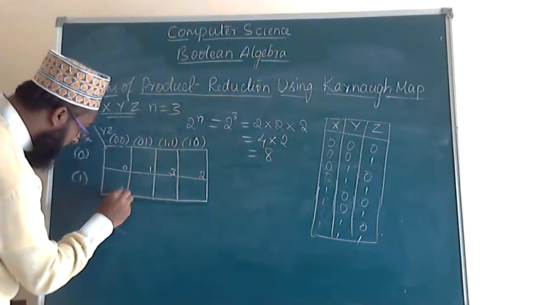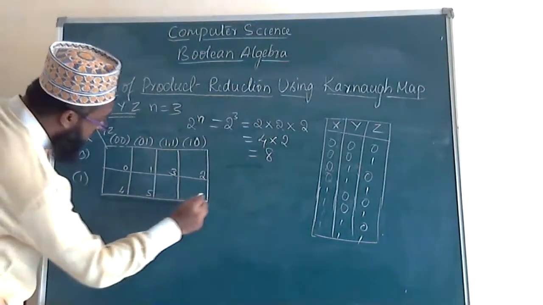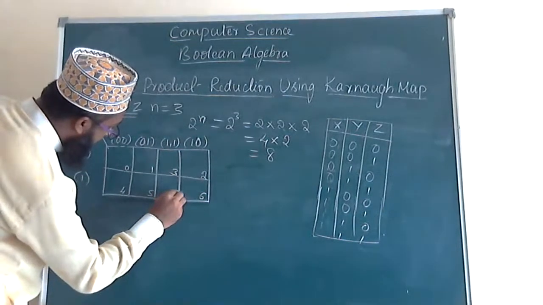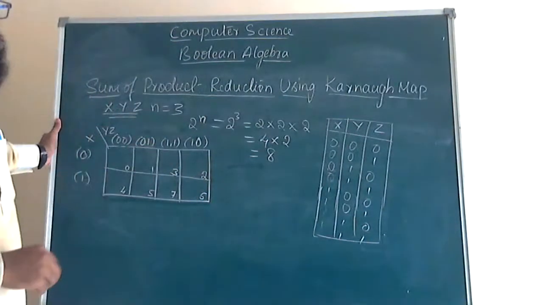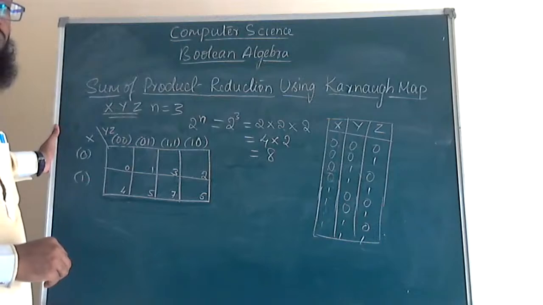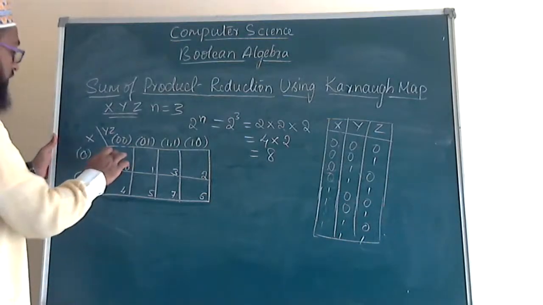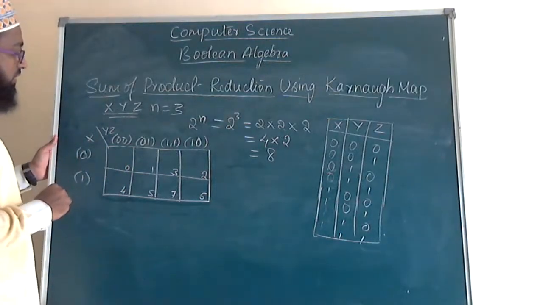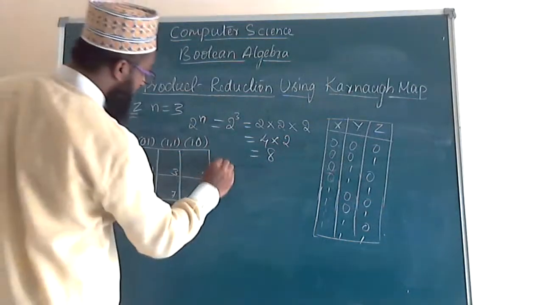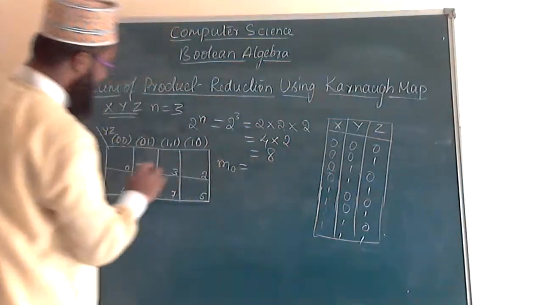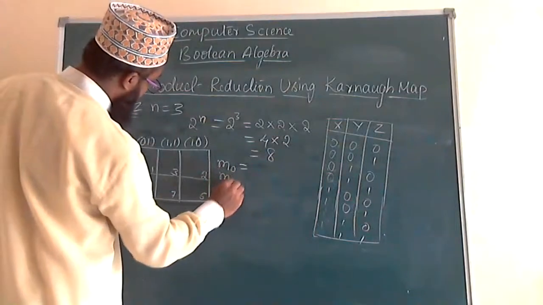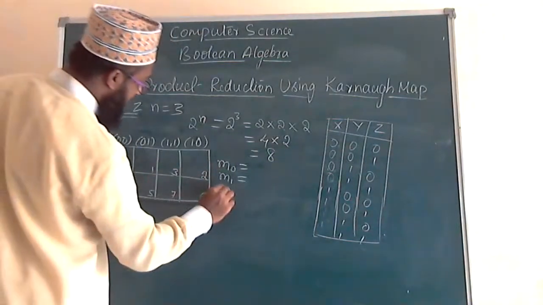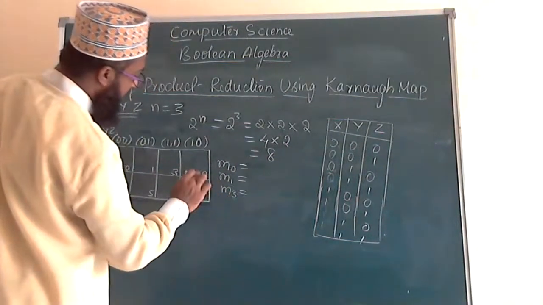Then 4, 5, put 6 here, then 7. Like this, you have to number. For these cells, we will take m0, then m1, m3, then m2.